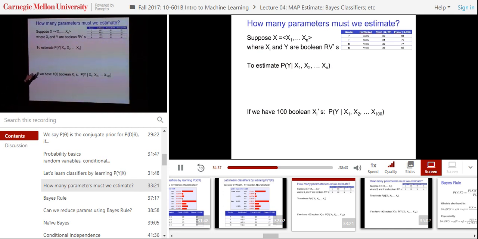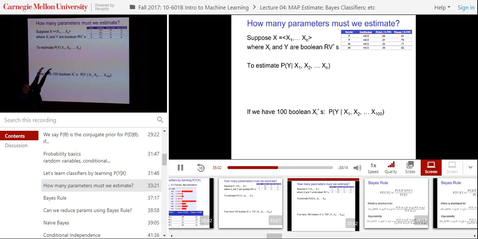So I'm interested in the probability distribution over y, like wealth, rich or poor, given the other variables. And in general, if I have n of those, how many parameters would I have to estimate in order to learn this conditional distribution? Right, 2 to the n.